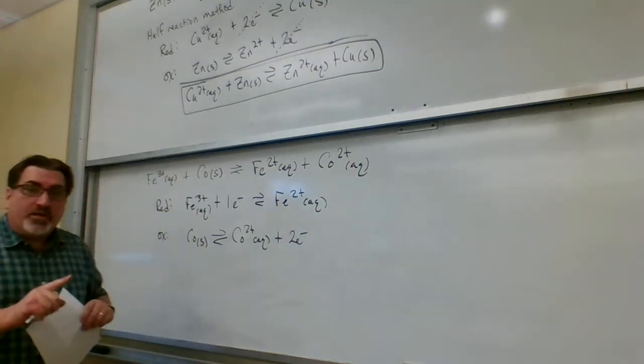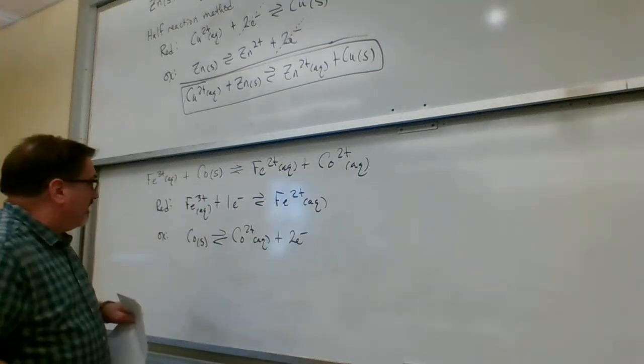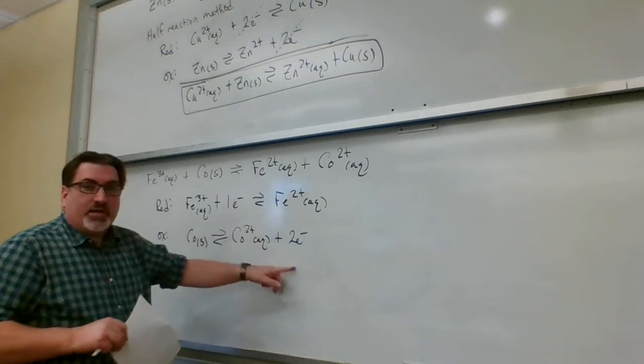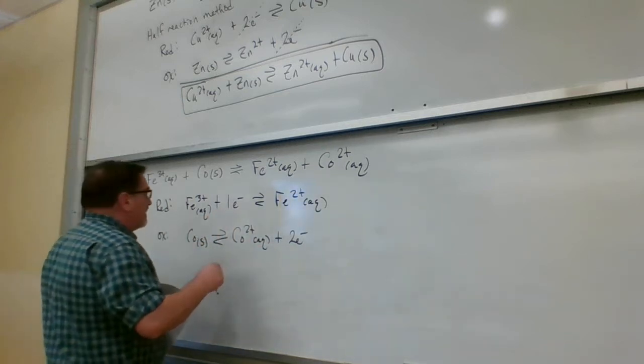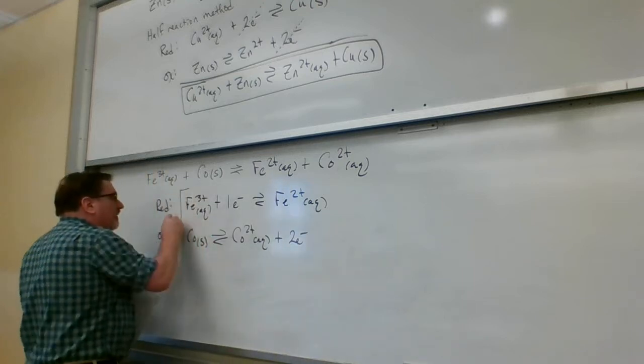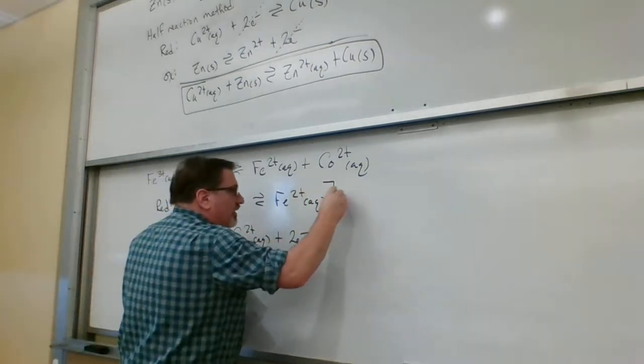So the first thing we do, once we get our half reactions written, is balance the electrons. Okay? So to balance the electrons, we have to take the iron reaction and do that one twice.